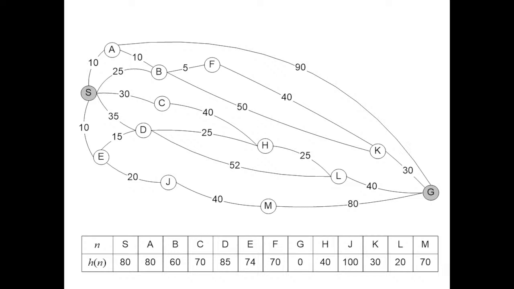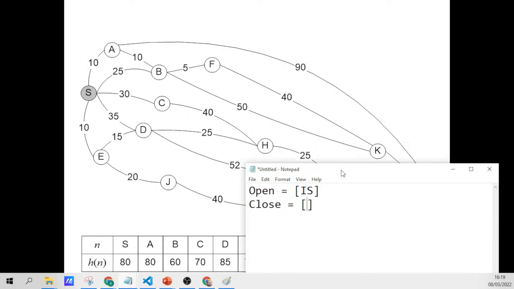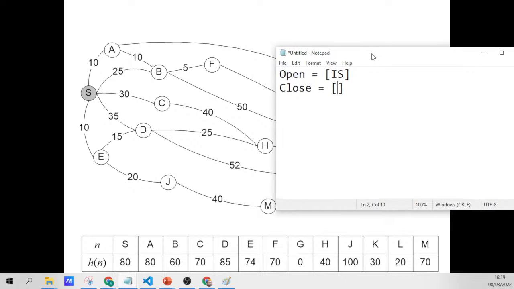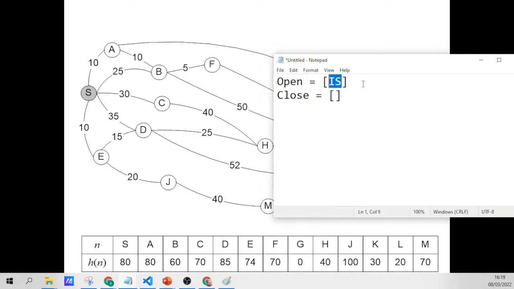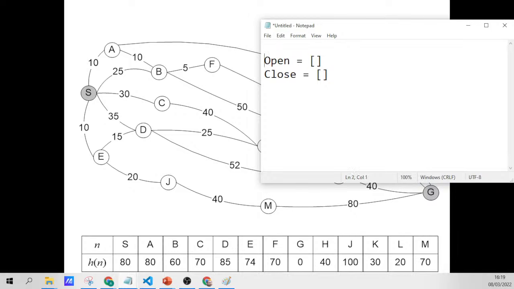Okay, if we want to go from S to G, then the initial state is equal to S. Then our open is S, and our close is empty.